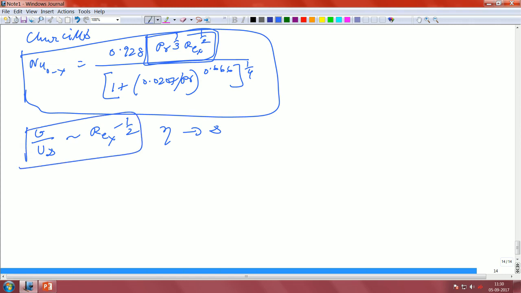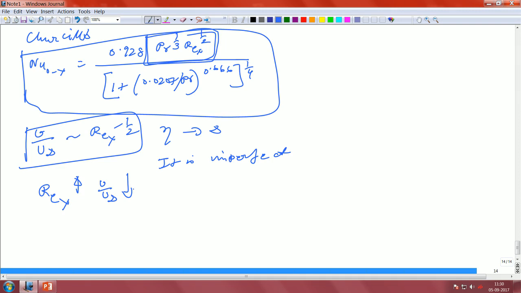Now, you can see that this is imperfect for the simple reason that it is never 0, because whatever the value of Reynolds number, it may be a small quantity, but it exists. So, it is imperfect to begin with. However, as we can see, when Reynolds number goes up, v by u infinity comes down, very easy to see from this expression.